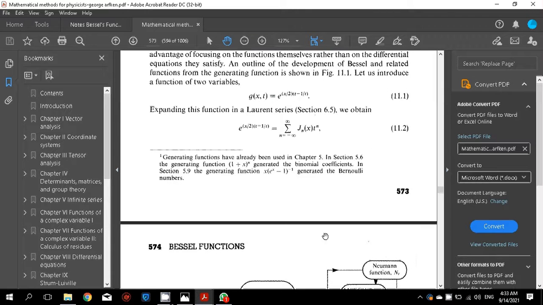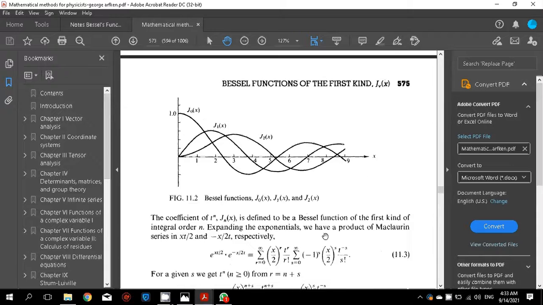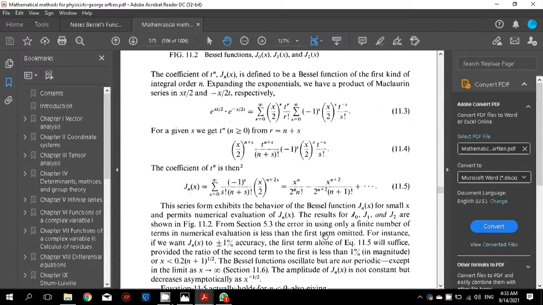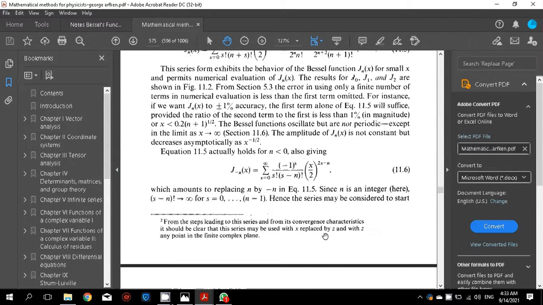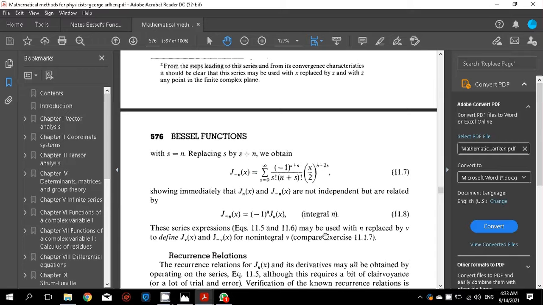Right. Now the next property is the parity property, as I told you before, equation 11.8. This parity property states that J_{-n}(x) is equal to (-1)^n J_n(x).